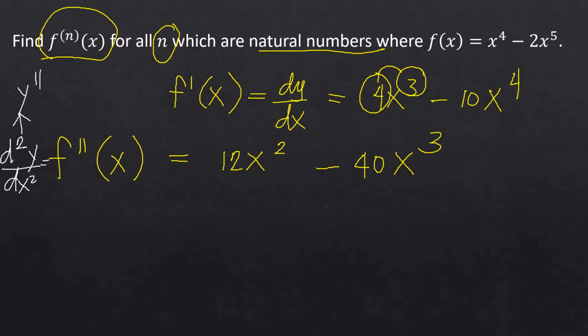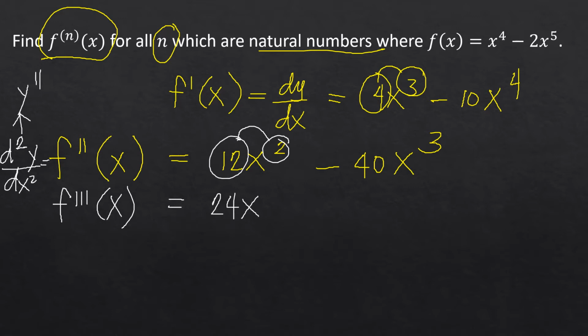That's also another way. Next, if we're going to get the third derivative of that, use the power rule: 2 times 12, so we have 24x minus 3 times 40, we have 120x squared. So that is the third derivative.